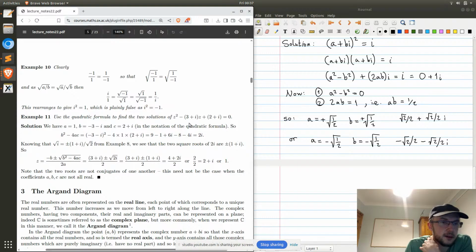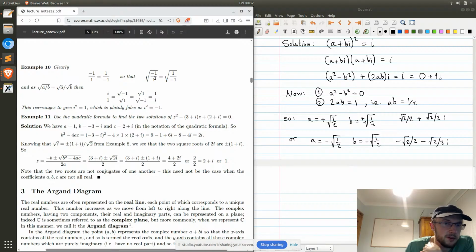All right, so here we're going to see a fallacy. Clearly, minus 1 over 1 is equal to 1 over minus 1. That's true. So let's just take the square root of both sides. Now, we've been told that the square root of a over b is equal to the square root of a over the square root of b. Okay. So what does that mean?